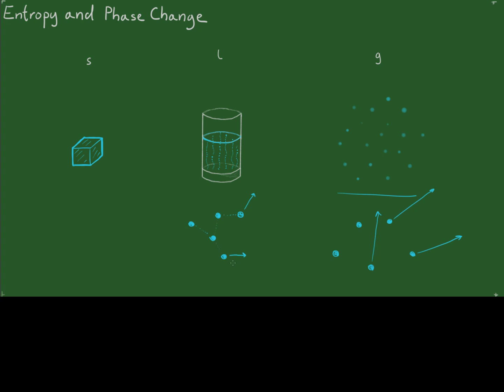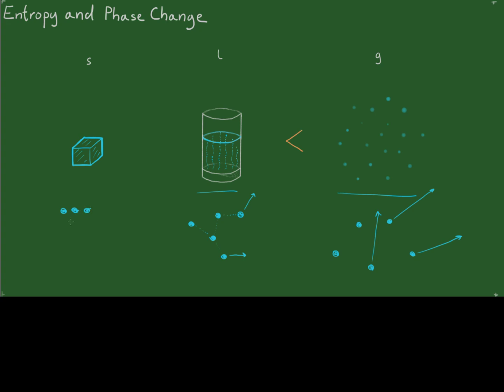As a result, the number of states available to this system is somewhat lower than the number of states available to the gaseous system. So we can say that the entropy of the gaseous phase, the gaseous system, is larger than the entropy of the liquid phase.